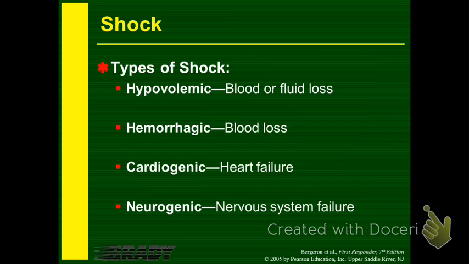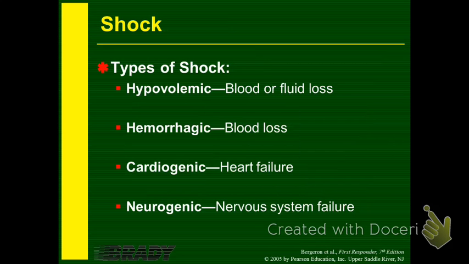So, like the doc said in the video, hypovolemic shock, blood loss. Hemorrhagic shock, sort of the same way. Hypovolemic could be through fluid loss. Elderly patients and pediatric patients can get hypovolemic shock through severe diarrhea and vomiting, fluid loss.